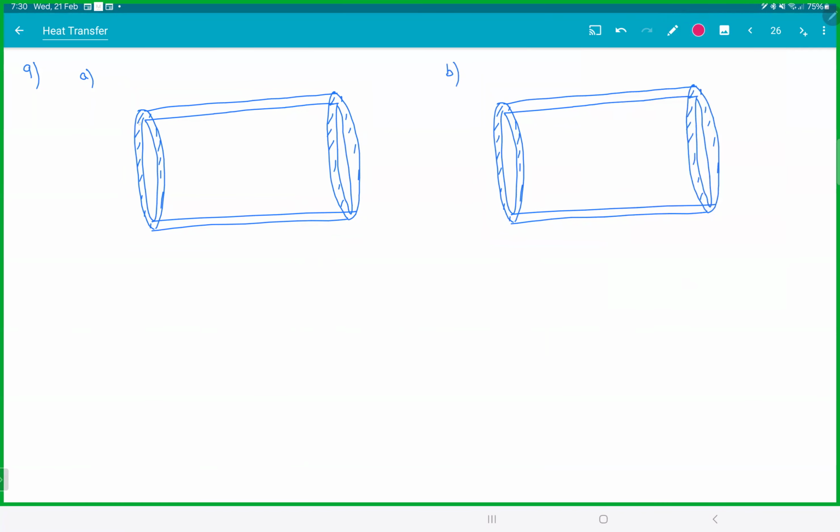Case 1, this side is temperature 2T naught and this side is temperature T naught, meaning the ends are maintained at the temperature. Here, the inside is 2T naught, outside is T naught.